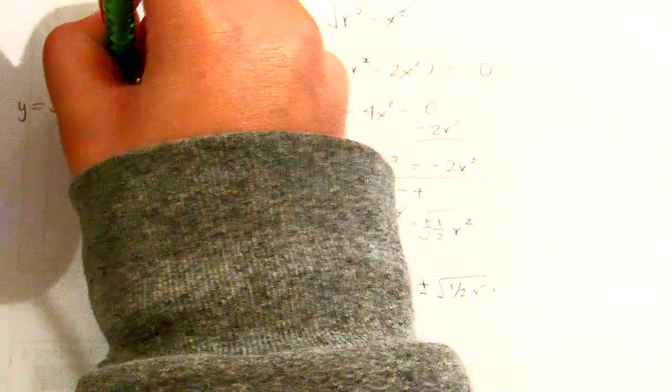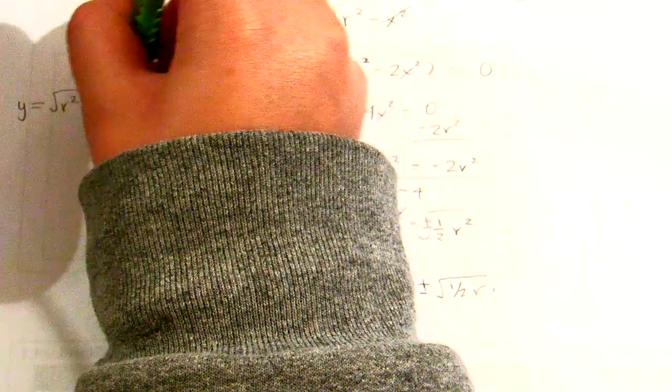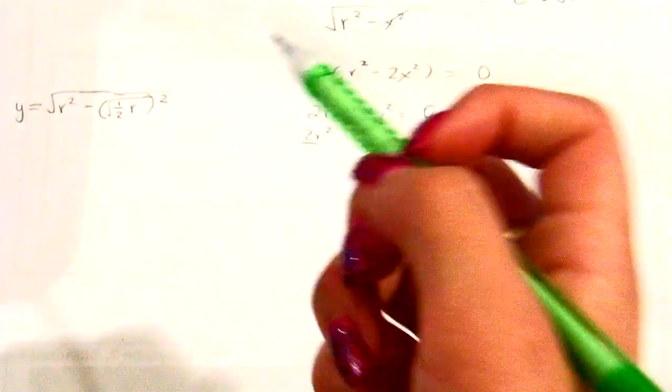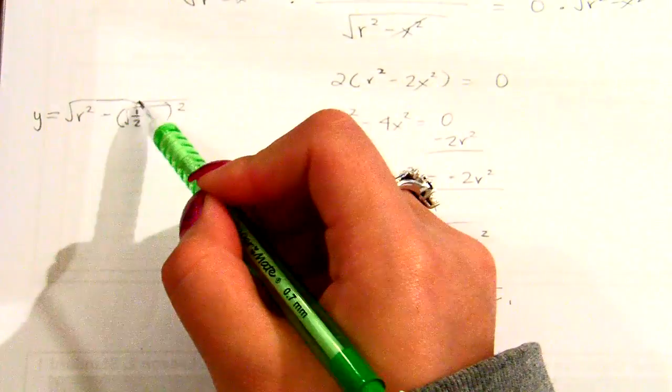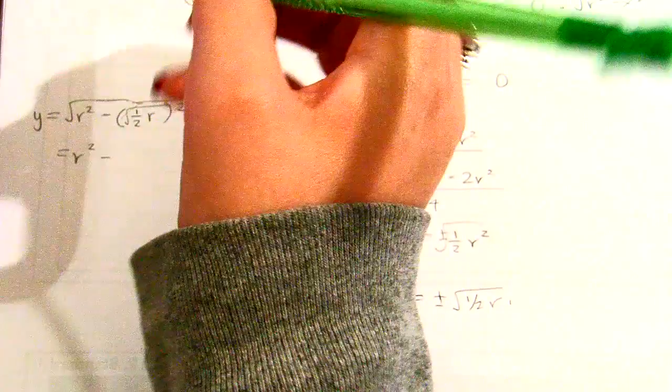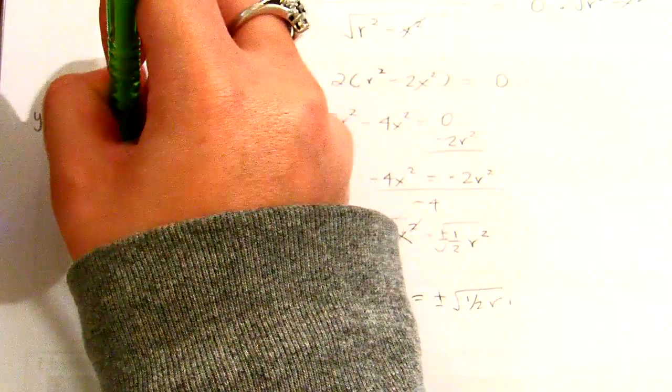Minus 1/2 r, the square root squared, and we know that the square root cancels out, so we have r squared minus 1/2 r equals y.